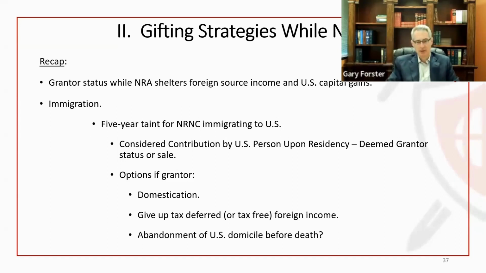If you've got the U.S. beneficiaries, you're in grantor status, which means you're just taxed on it. But when you die, there's a deemed sale, which you don't avoid because you don't have any estate tax assets in there. So you can abandon it or you can domesticate the trust.